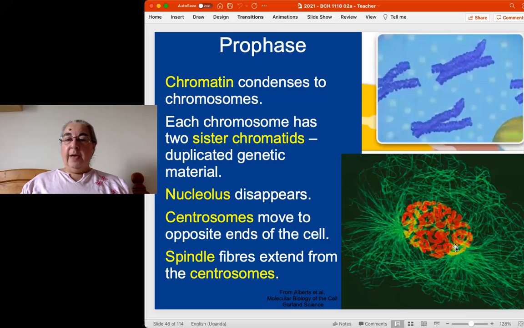Here are the two spindle poles, the thickest part of the spindle, if you like. So in prophase, the cell is getting ready to divide, but it isn't actually yet moving the chromosomes anywhere.